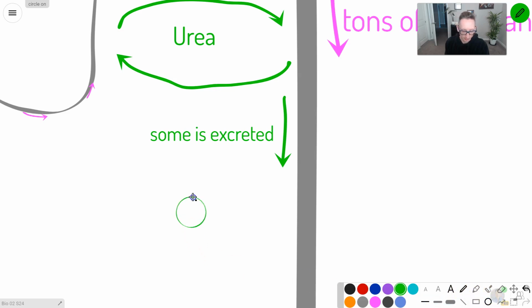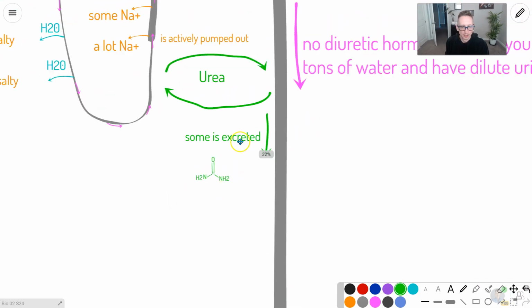It's an oxygen, and then it's got NH2 and NH2. So you see how that comes from the amine group of a protein. That's what urea is. If you get too much of this, it's toxic for you, but your body keeps some of it, and that's why it cycles like that.